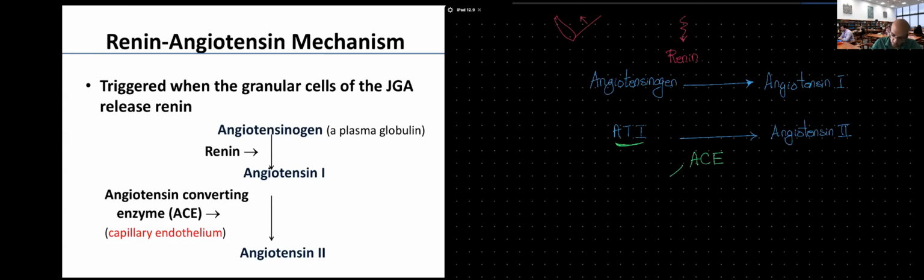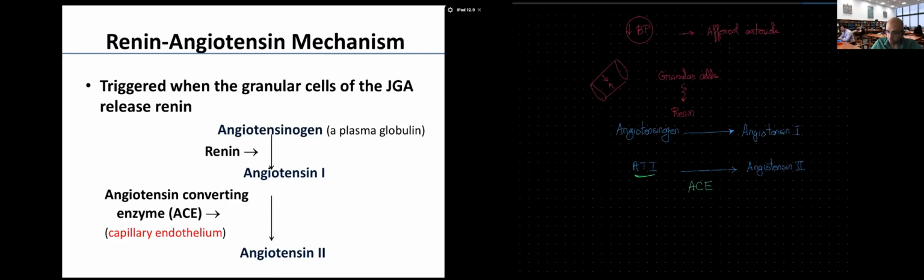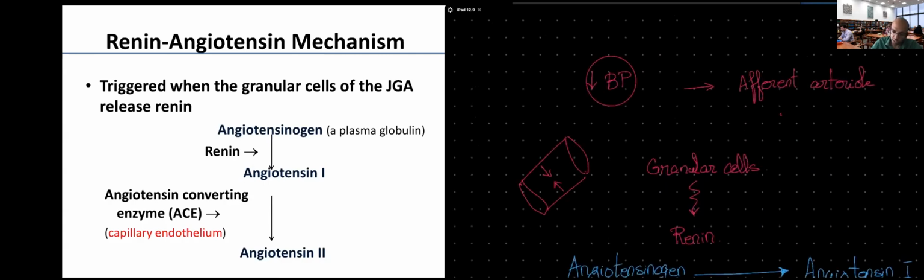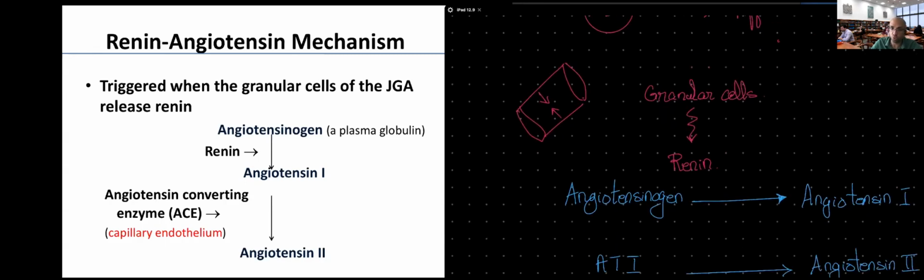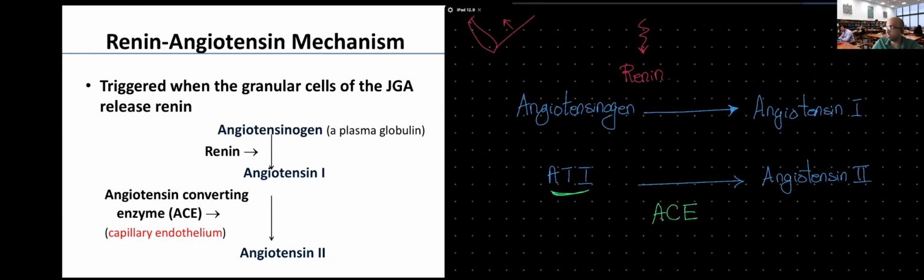All right, so again, what we're looking at in here is a decline in the blood pressure that resulted in a reduction in the degree of stretch of the afferent arterioles. This resulted in the activation of the granular cells that made them release renin. And again, how renin acts, it doesn't have a direct effect on the blood pressure.